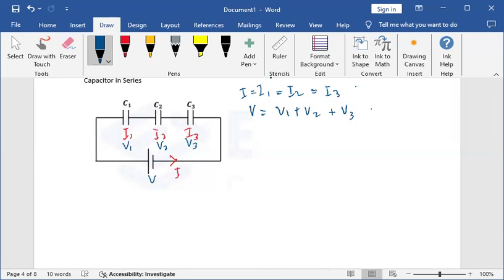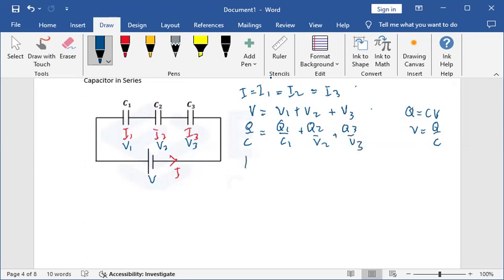Based on the capacitance equation, Q equals C times V. So V is Q over C. So it will be Q over C, and then Q1 over C1, Q2 over C2, and Q3 over C3.